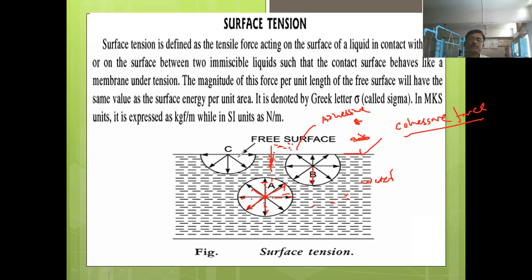And if that molecule is present on the surface of the liquid, it is going to get attracted in the downward direction and all other directions except the top, because above it there is air, so there is no force of attraction from the upper side. Because of that, all the molecules present on the surface of the water are going to experience the tensile force.